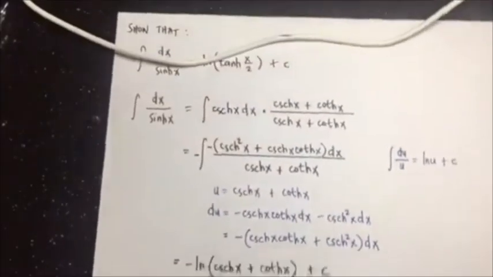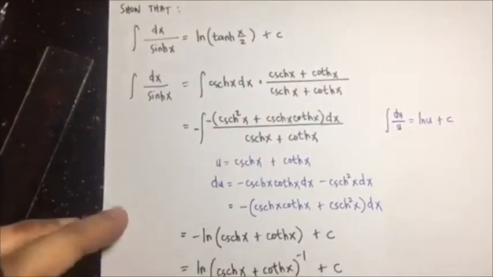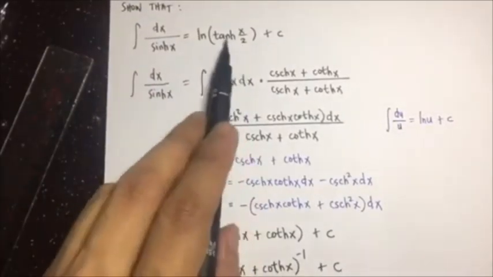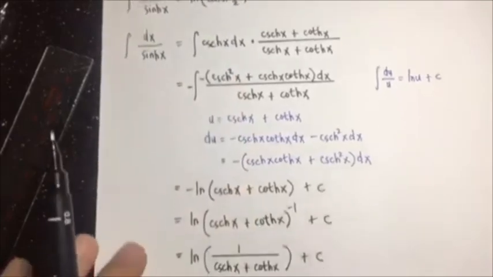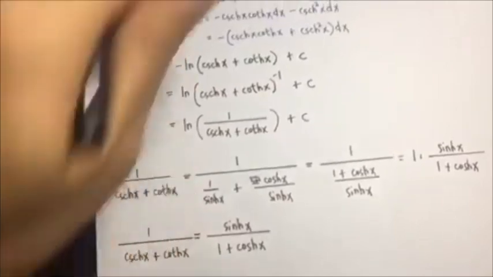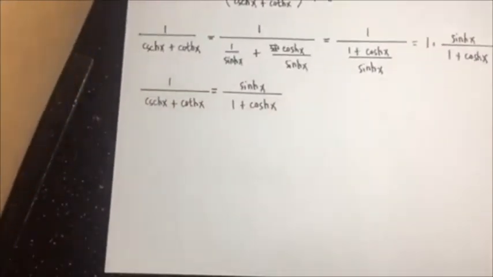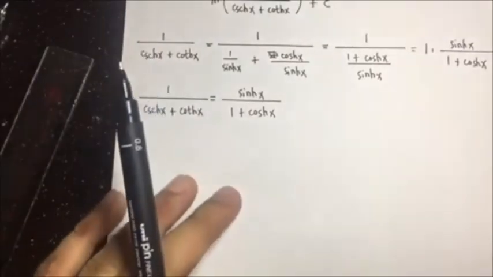Okay, so recall that we need to express this in terms of hyperbolic tangent of x over 2. So we might want to use the identities, similar to the double angle identities in trigonometric identities.